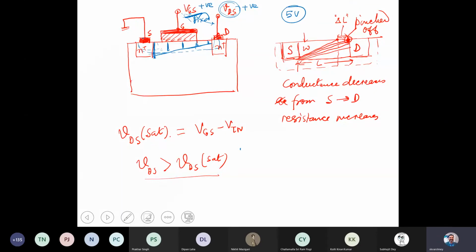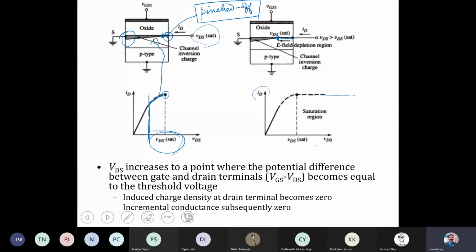Here I can write down, we are increasing VDS. When VDS is very small, almost tens of millivolts, there is no channel deformation, so it has a depth of W, but as we increase it, it becomes tapered, right? It reaches a point somewhere here.